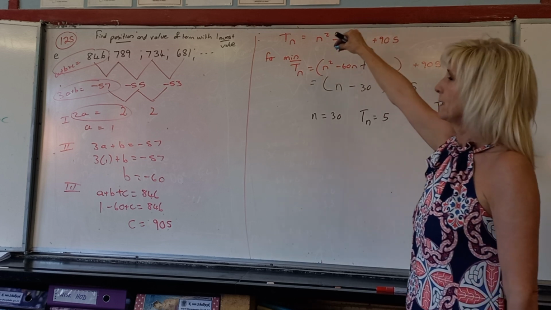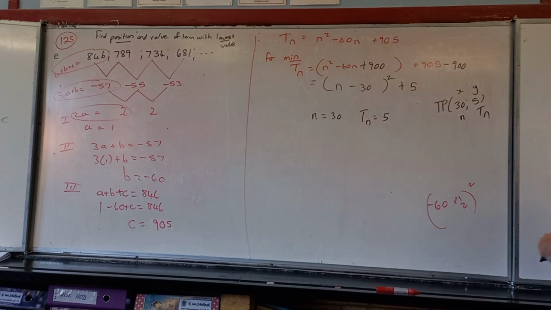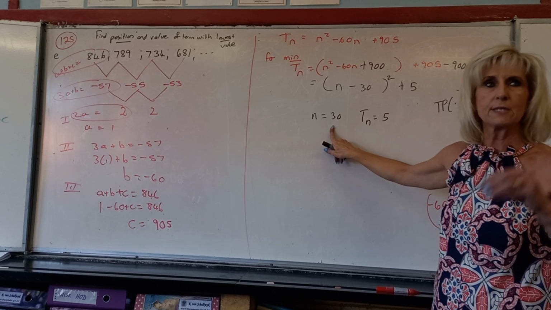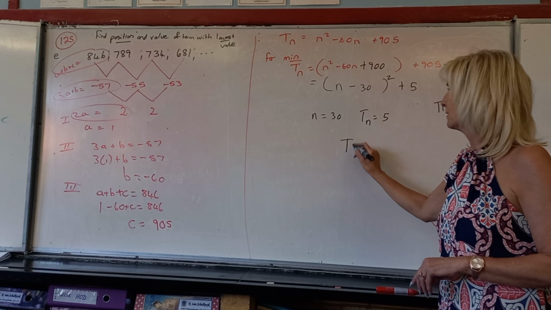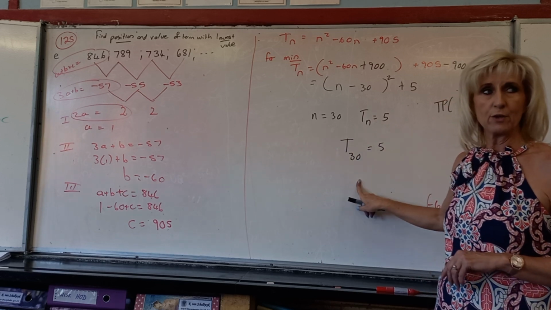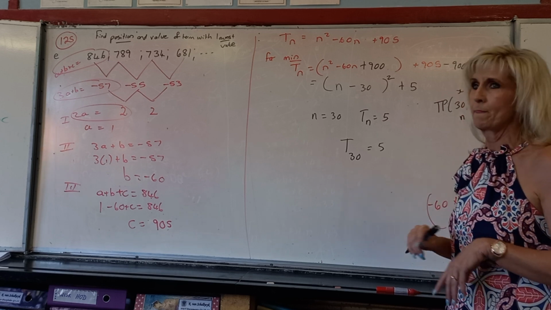In terms of n, Tn is the subject, y is the subject. Are you with me? So that means where n is 30. So the 30th term will have a value of 5. Or let's put it like this. Term 30 would be 5. So the minimum value would be at term 30, and the actual value there would be 5.